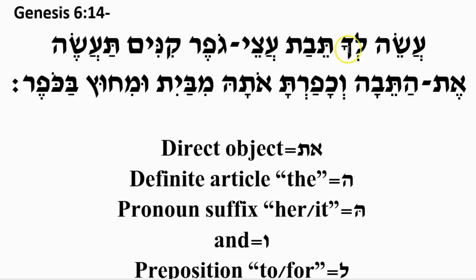Okay, so L'cha tevat atze gofer. You should make. I just let the cat out of the bag. Asa means make. Make for yourself, l'cha, for yourself, tevat atze gofer, an ark of gopher wood.